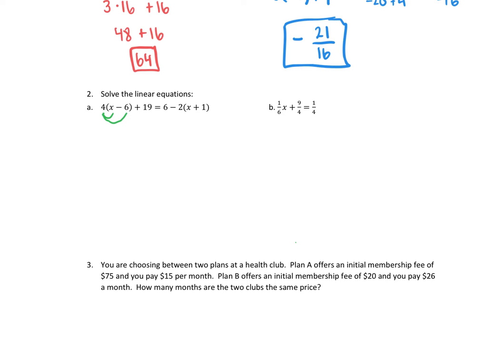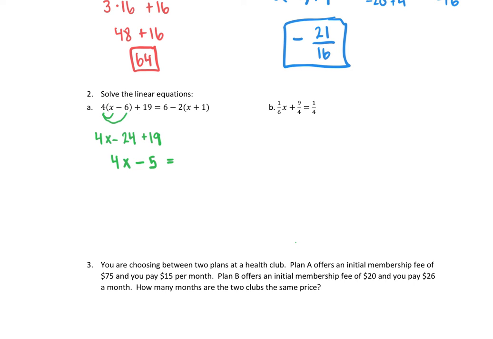We need to distribute the 4 through. That gives us 4x minus 24 plus 19. And then we can add the -24 plus 19 would be minus 5. So 4x minus 5 is the left side.